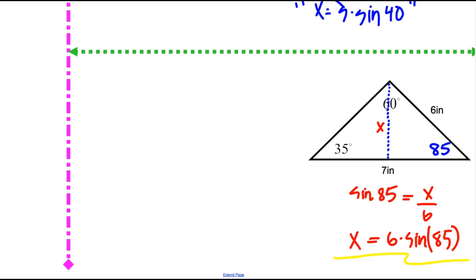So now this is the height. So now that's that part, right? So now I take 1/2 times 7 times that. This is the base of the triangle. It's 7, right?